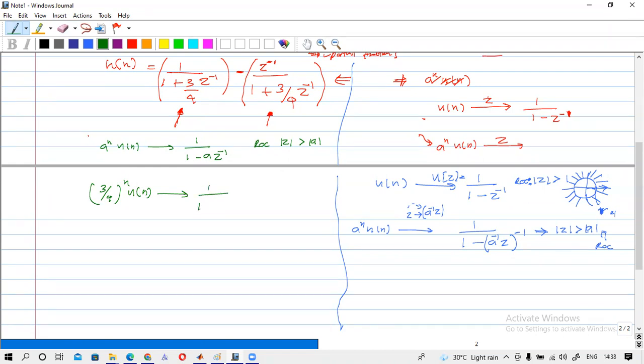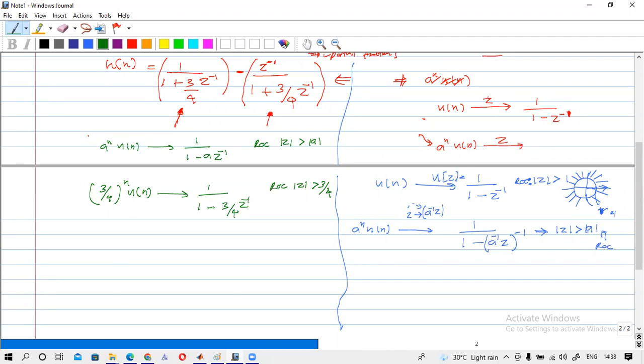So you will have 1 minus 3/4 Z minus 1, correct? And the ROC will be Z greater than the magnitude of 3/4. So 3/4 is a real number, so no need to use the magnitude value. I just put the value here, 3/4. Okay. So this is the ROC, correct?